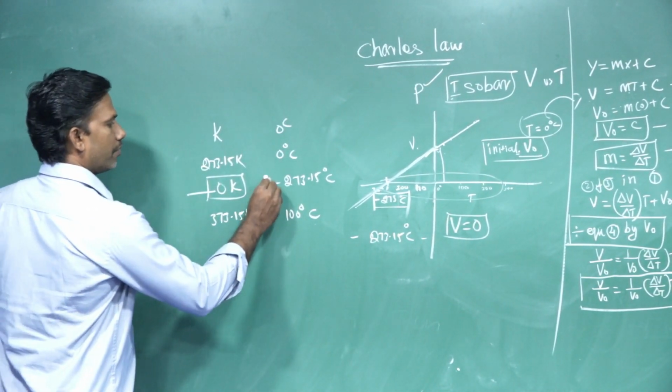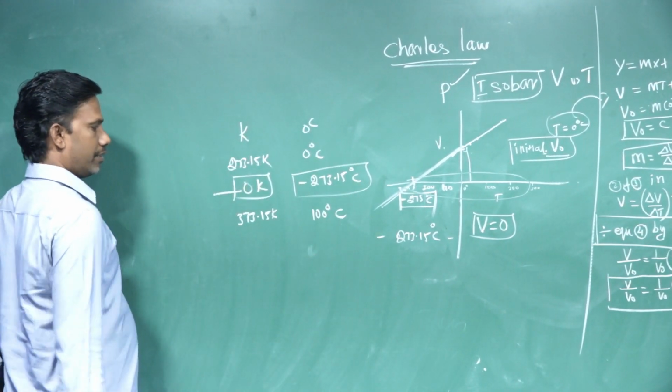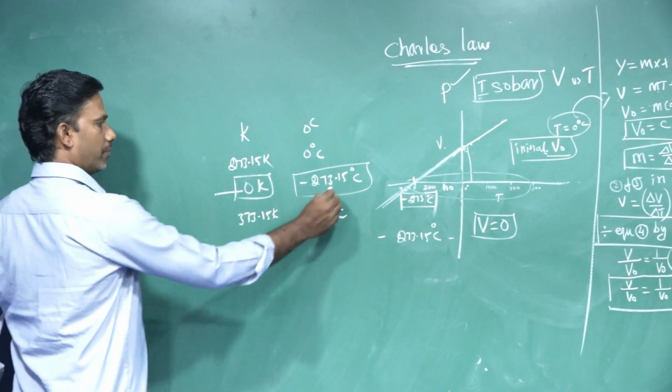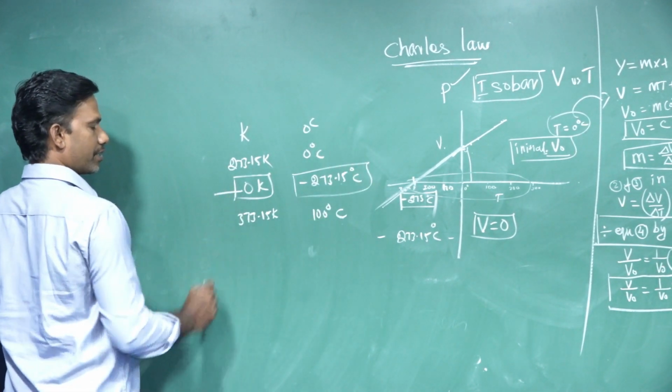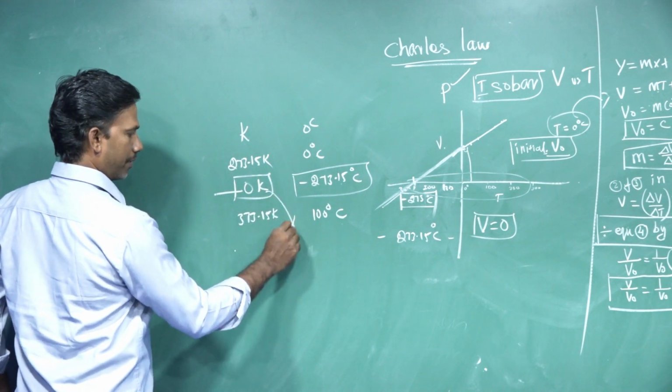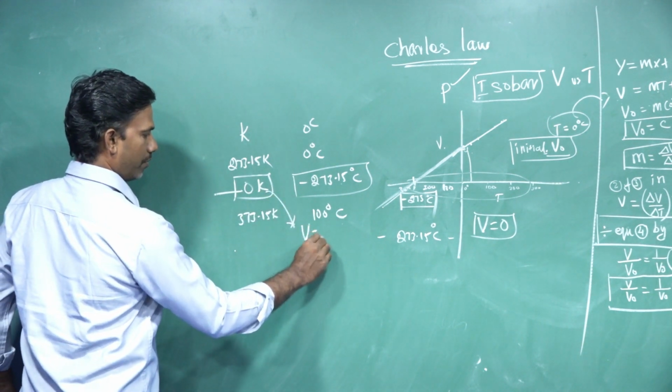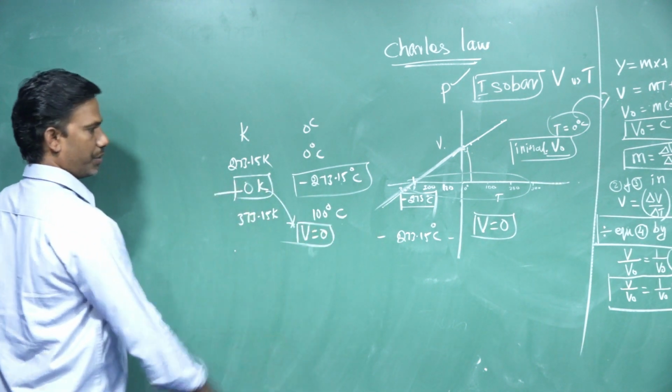Minus 273.15 degrees Celsius or 0 Kelvin is called absolute zero. At that temperature, the volume of any gas is equal to 0.